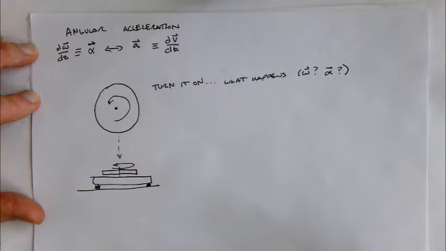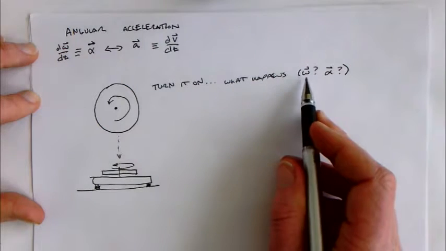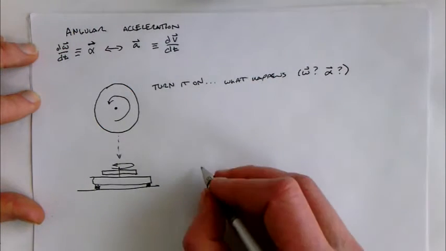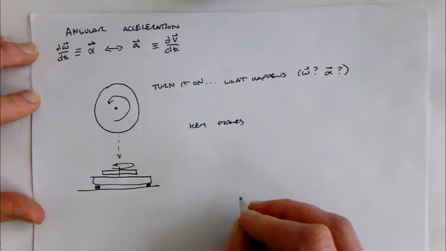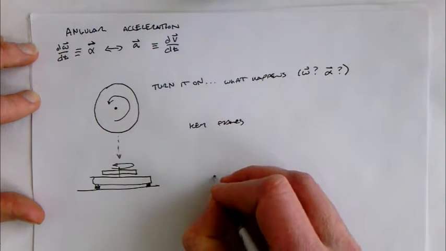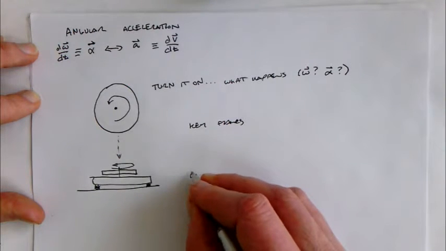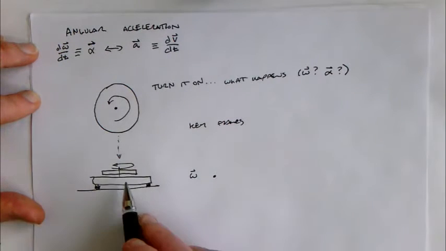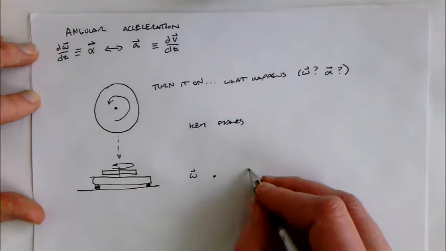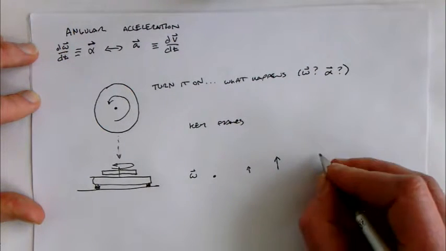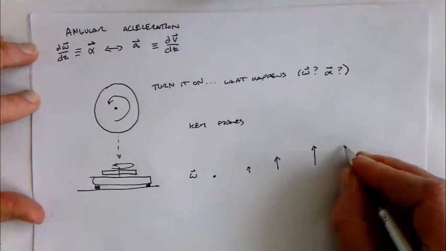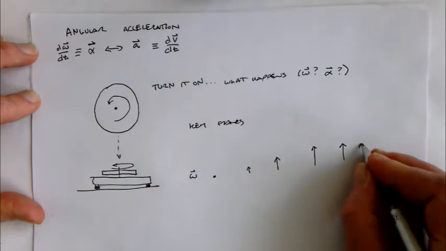So when I turn it on, let's think about omega, and let's just think about some keyframes for omega. Omega initially is 0. As the record player begins to spin faster and faster, omega gets a little bit bigger, and a little bit bigger, and a little bit bigger, and finally becomes a constant value.